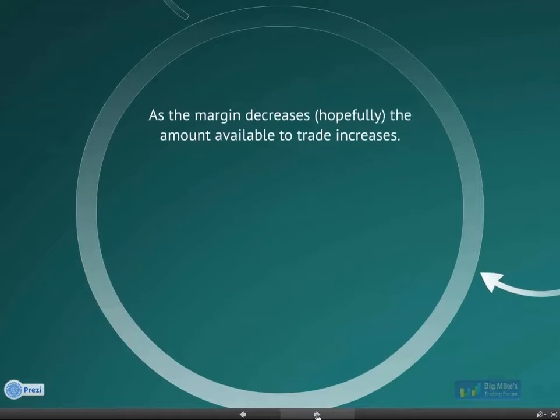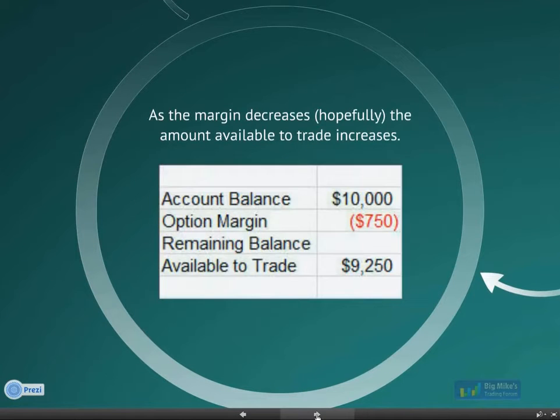As the margin decreases, hopefully, if things are going your way, the amount available to trade increases. So if you started off with 1,500 for that contract and now it's down to 750, you now have 9,250 to trade. So that varies. It could also go the other way, and you could have less to trade because the margin increased. And that is changed daily, usually overnight.